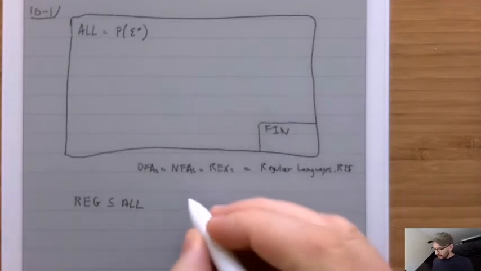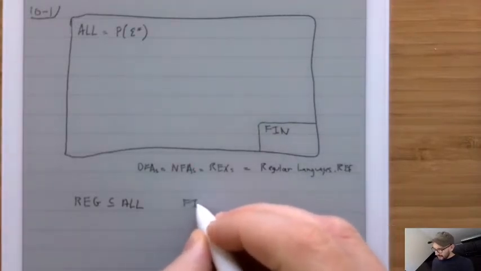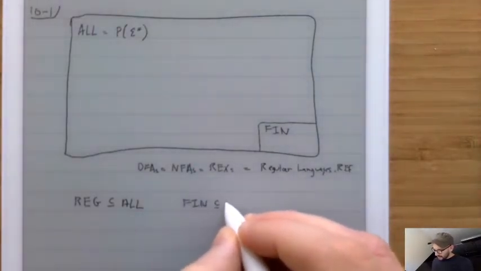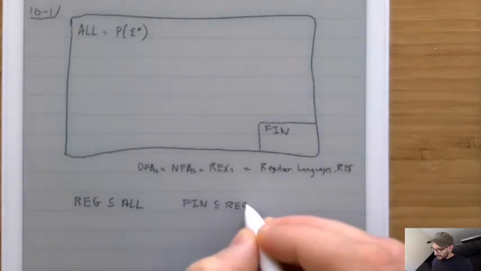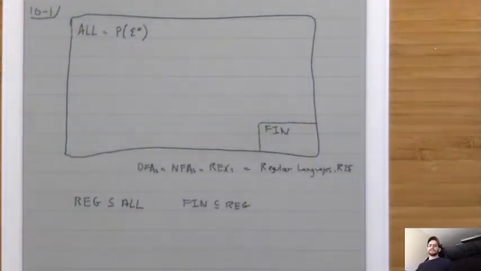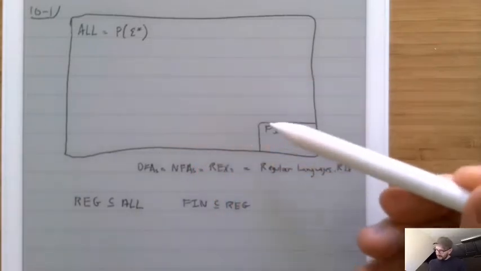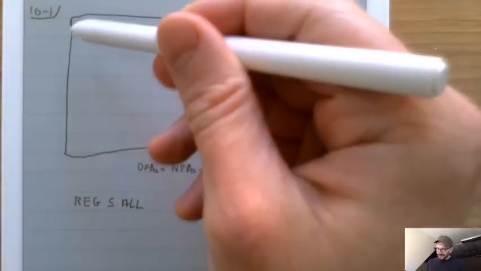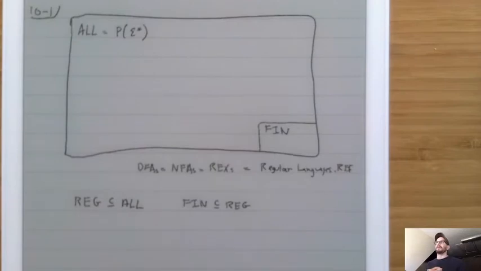We also know that fin is a subset of reg because we previously demonstrated that it was possible to turn any finite set into a regular language with a DFA. Okay, so we know those things. We know that reg is bigger than fin, and we know that it's part of all. The question, though, is it actually the same thing as all?